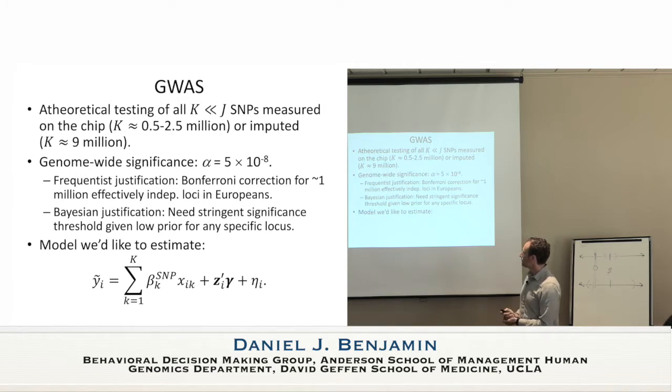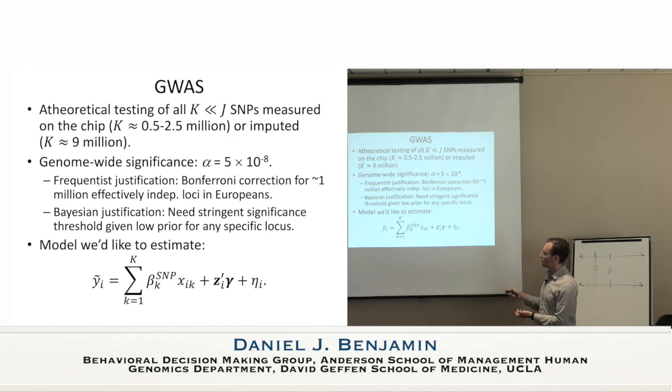OK, so what we'd like to estimate in a GWAS is the model that comes as close as we can to the causal model. But notice that we can't actually estimate the multivariate regression with all the genetic variants in the genome, which would be the causal model, because we haven't measured all of them.